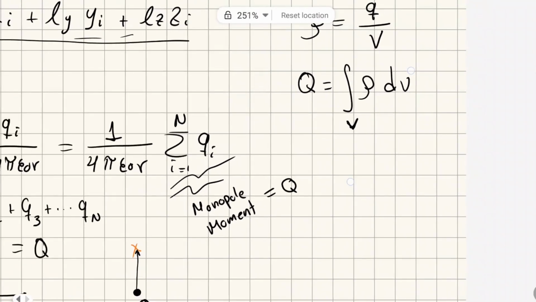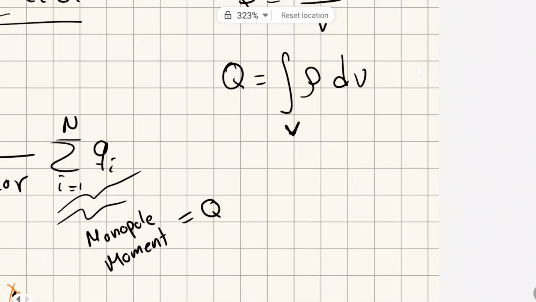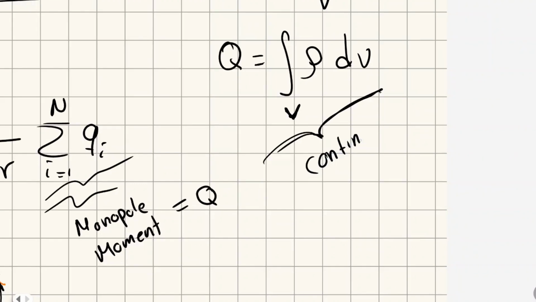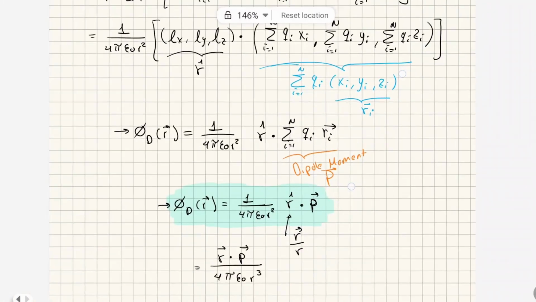So in this case, the monopole moment will be defined in this way, and this is for a continuous distribution. It was important to mention this.